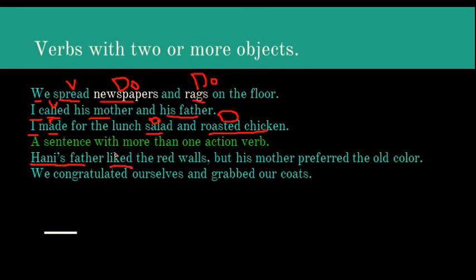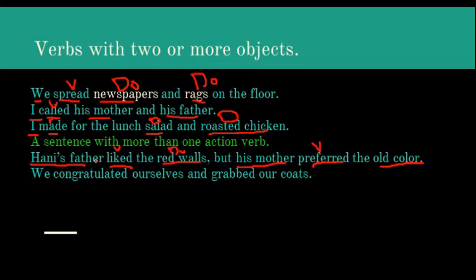Liked is action verb. Red walls is direct object. In the second part of the sentence, his mother is subject. Preferred is action verb. The old color. We need to find the verb in both parts.